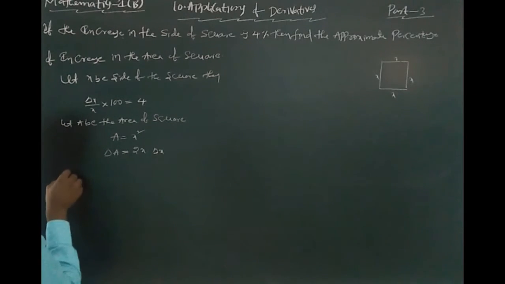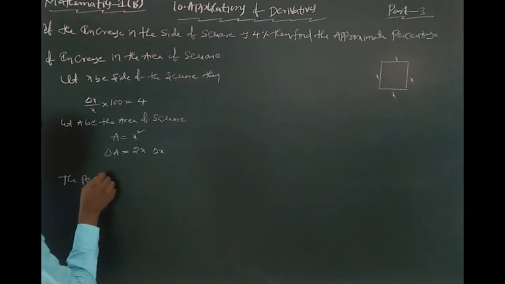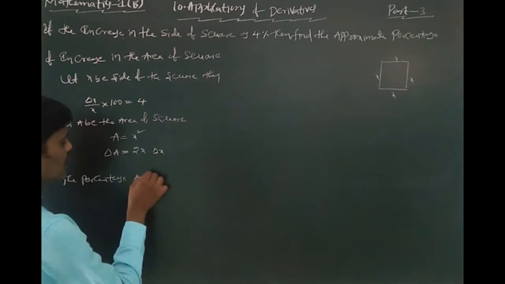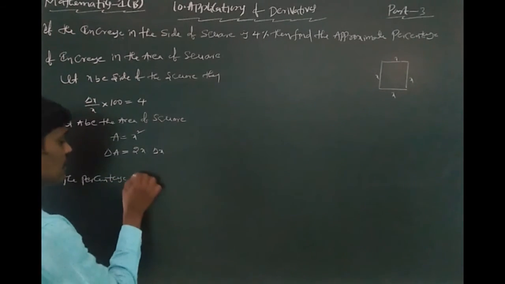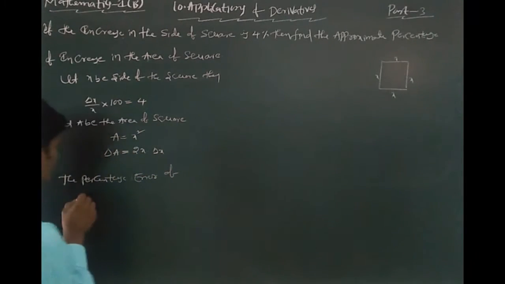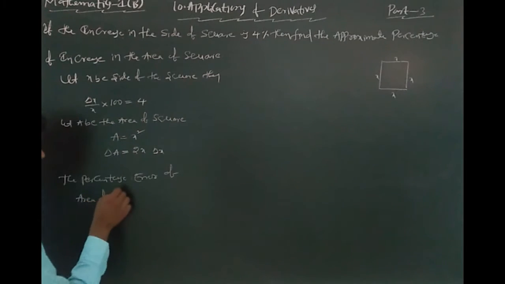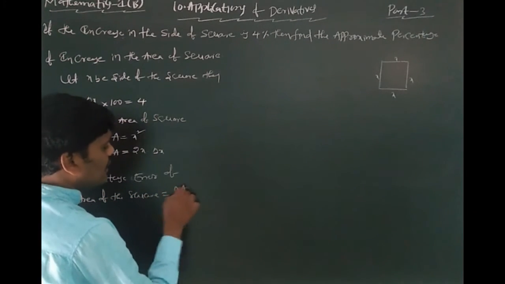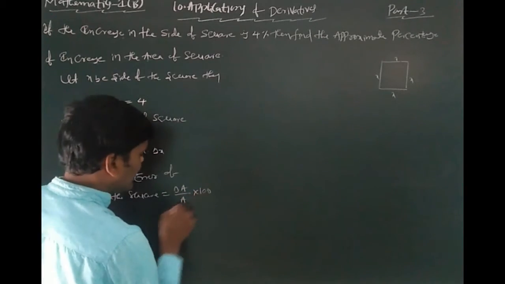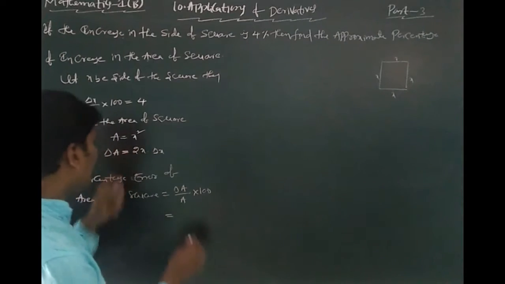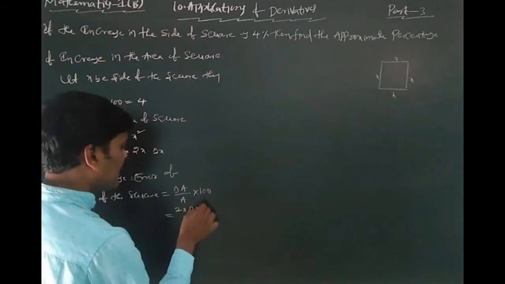After that, the percentage error of the area of the square equals delta A by A into 100. This is the formula. In this formula, you know the delta A value is 2x into delta x.